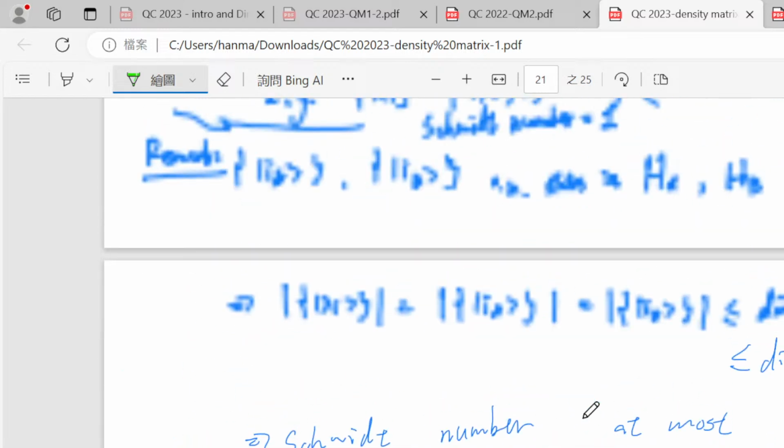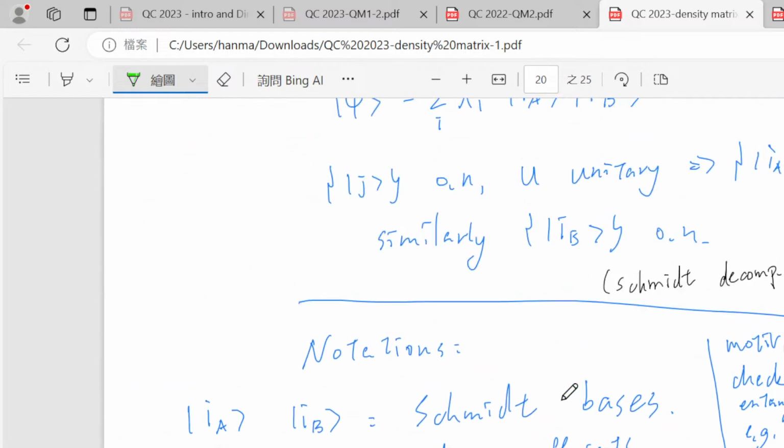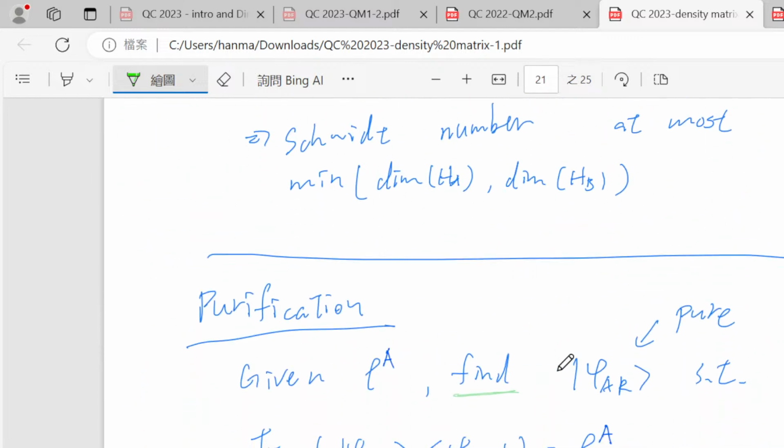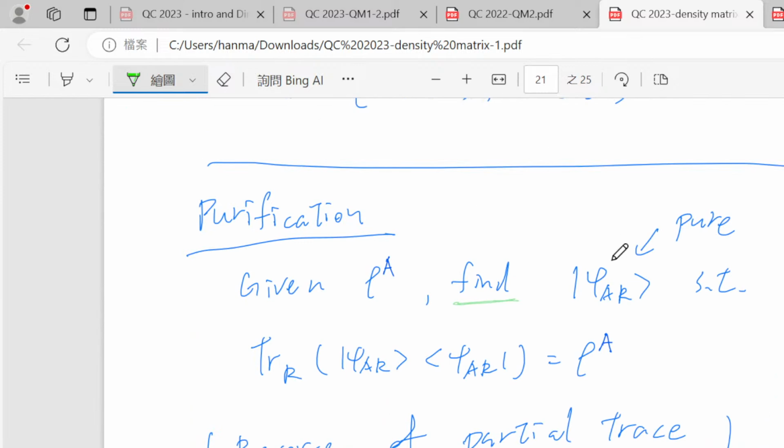Okay, and then to connect the Schmidt decomposition back to our density matrix, we talk about this purification operation. So this is an operation where you have a density matrix, then you want to find another system and a bigger pure state on the bigger system, such that when you trace out the R part, it becomes your rho A. Okay.